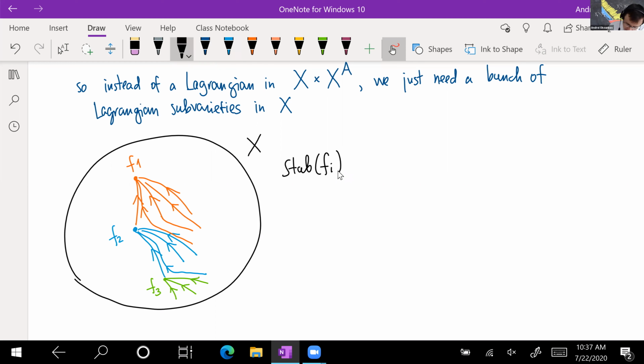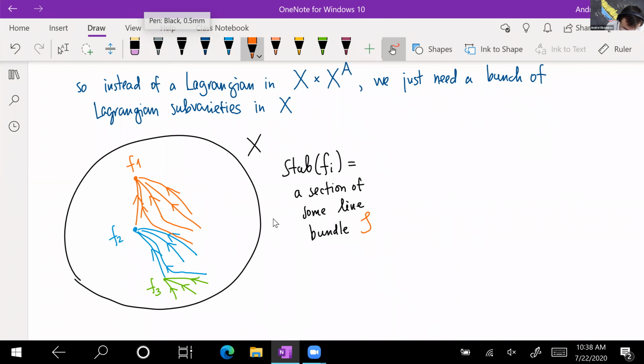That is to say, it should be a section of some line bundle, which, since it's the stable envelope, we'll call the line bundle curly S. And where would that live?